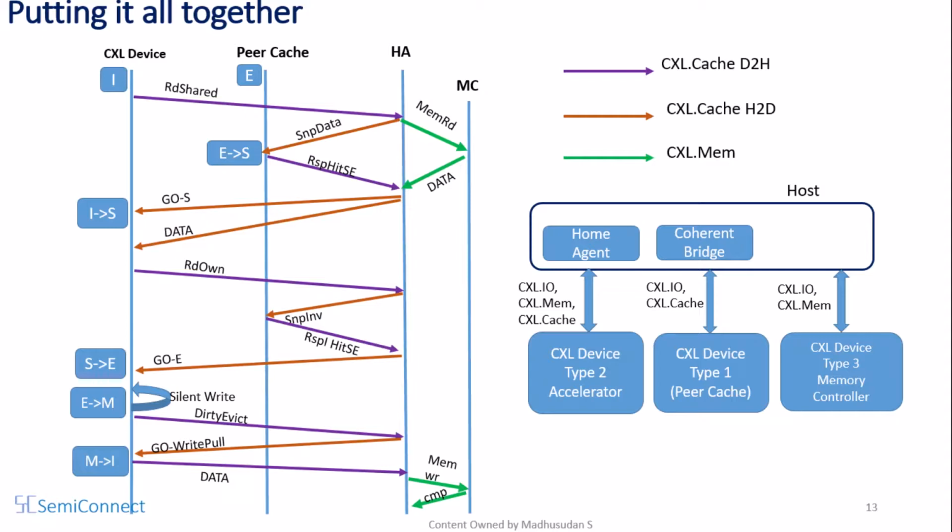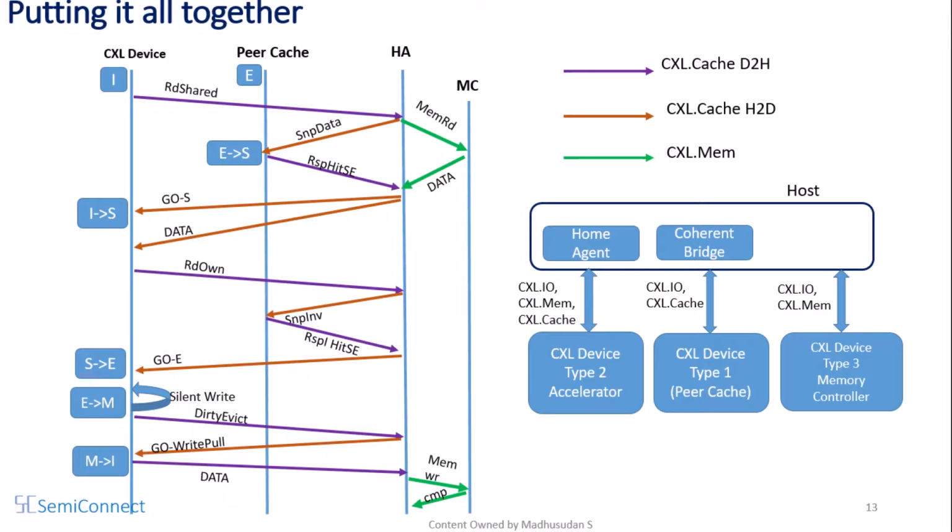And the home agent sends the snoop invalidate to the peer cache, and then the peer cache now responds back with the RspIHitSE message to the home agent.